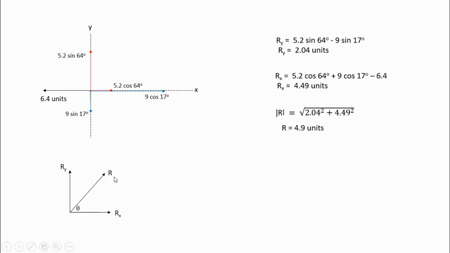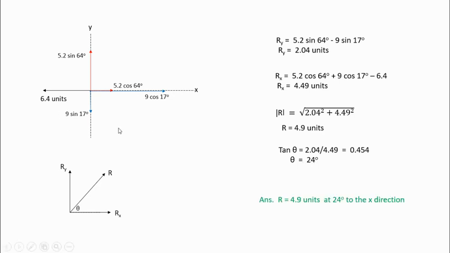And the direction of R we can find based on the angle theta. So tan theta is Ry over Rx, 2.04 over 4.49, and we do the inverse tan of that to give us the angle theta, which is 24 degrees.